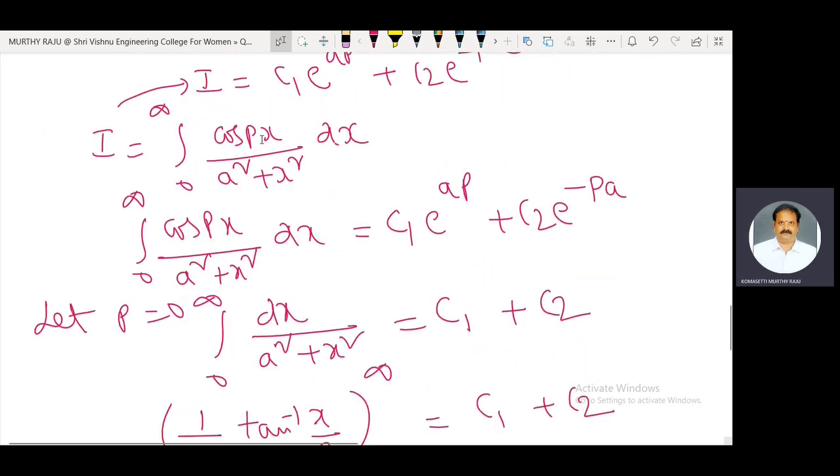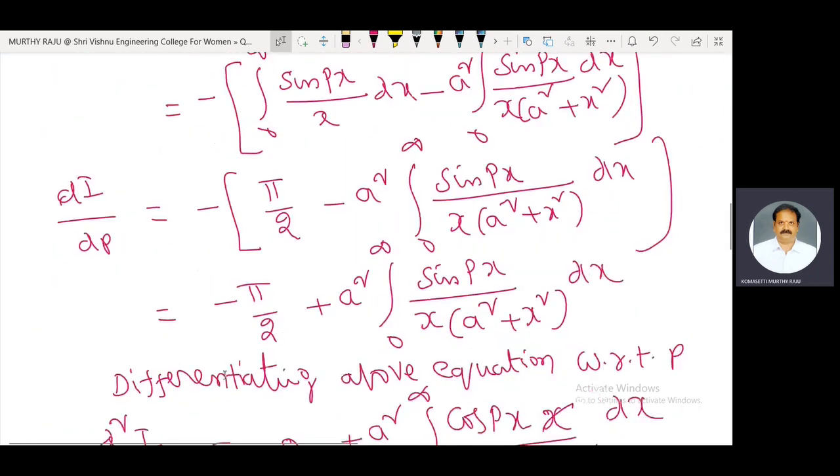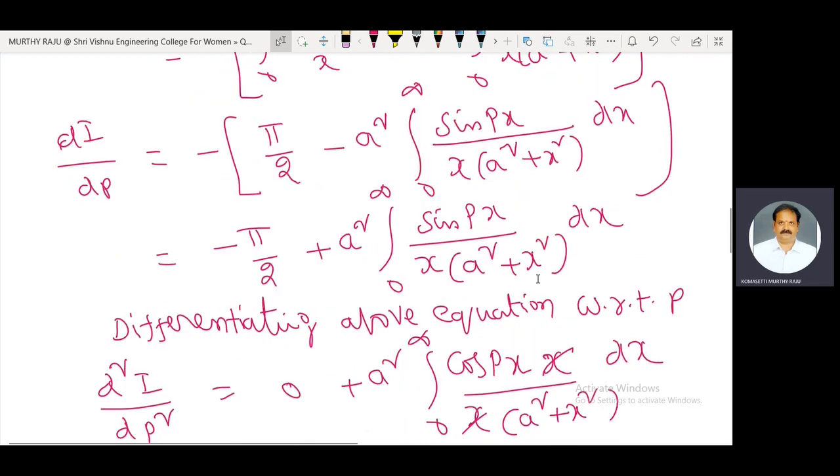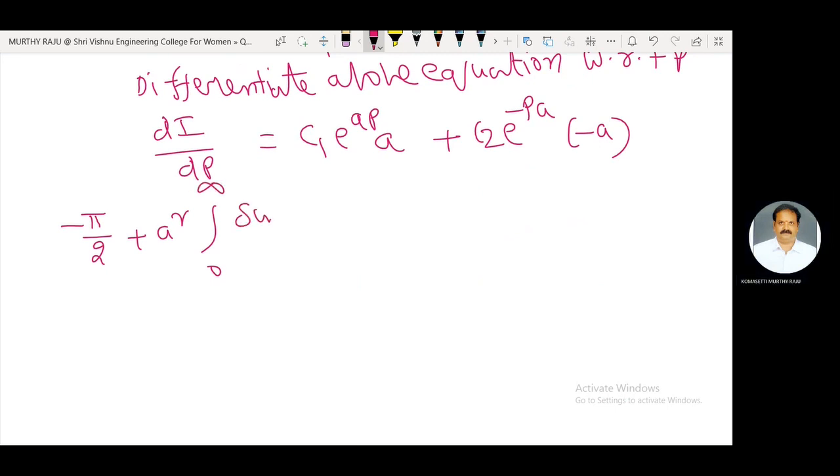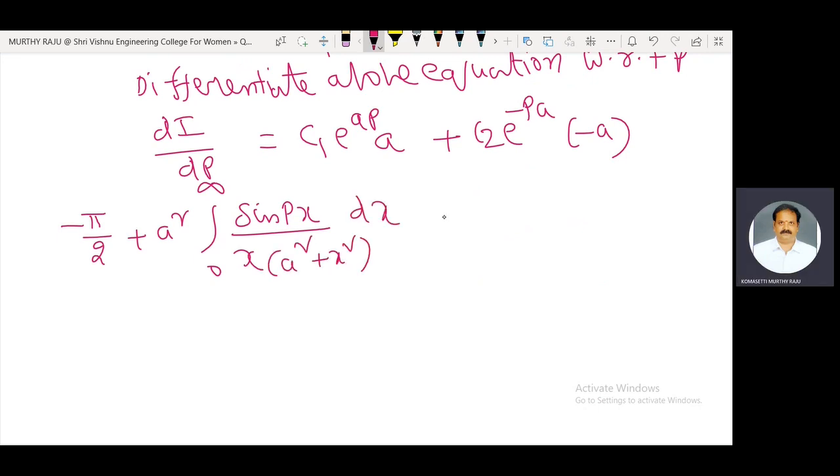We know the dI by dp value: dI by dp is minus pi by 2 plus a square, integral 0 to infinity sin px by x into a square plus x square dx. Substitute dI by dp value in that expression: minus pi by 2 a square equals c1 e power ap into a minus c2 into e power minus ap into a.